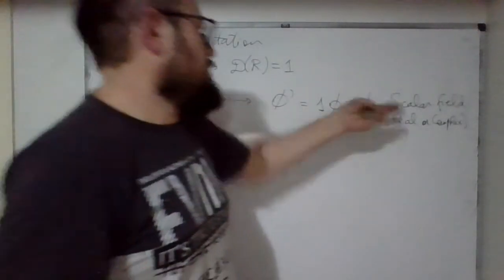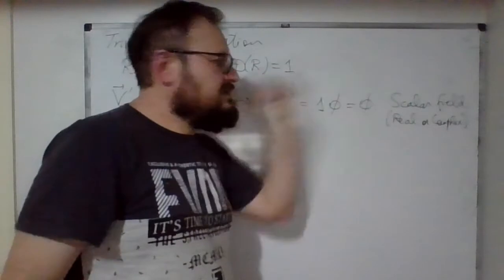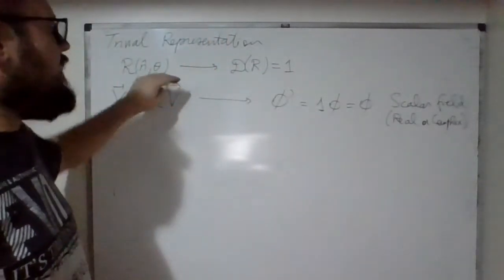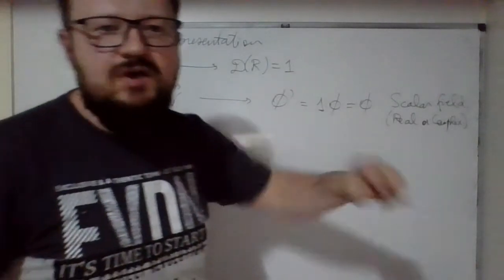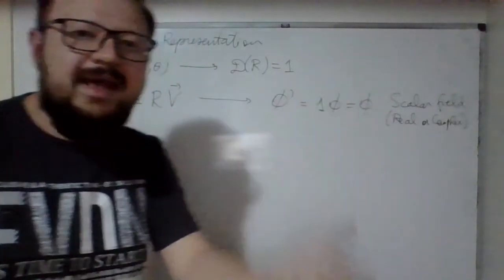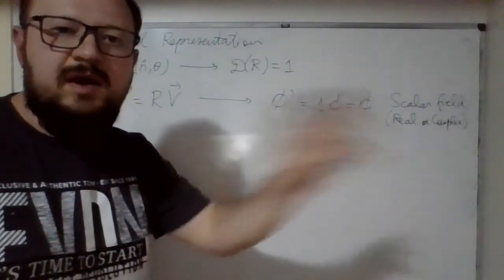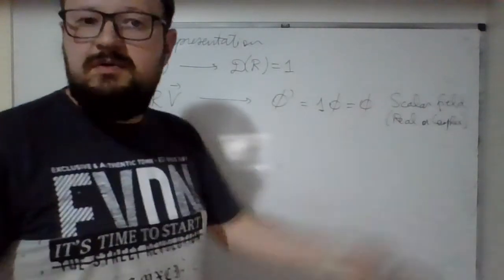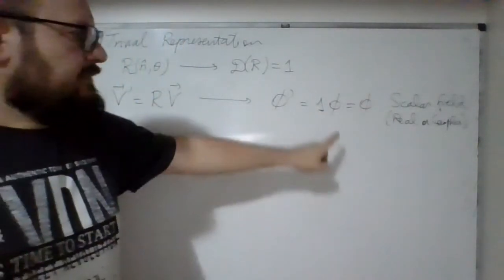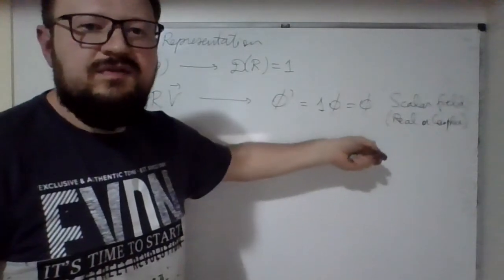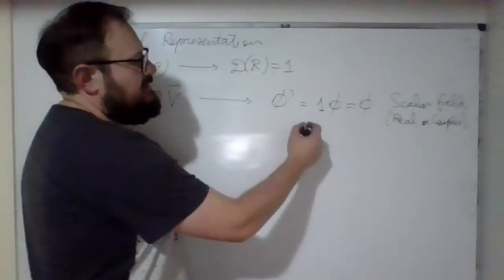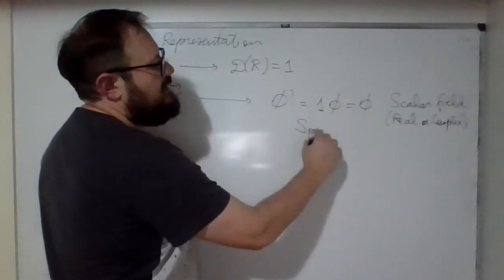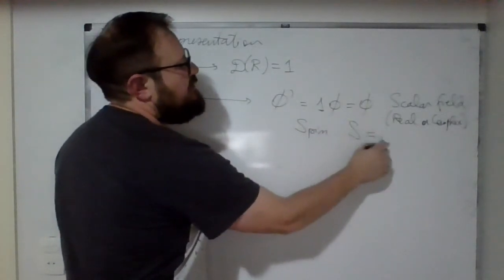Okay, but scalar fields are a trivial representation. A scalar field has no intrinsic angular momentum. A scalar particle can have an orbital angular momentum, but there is no such thing as an internal degree of freedom. So the spin of this particle is said to be spin zero.